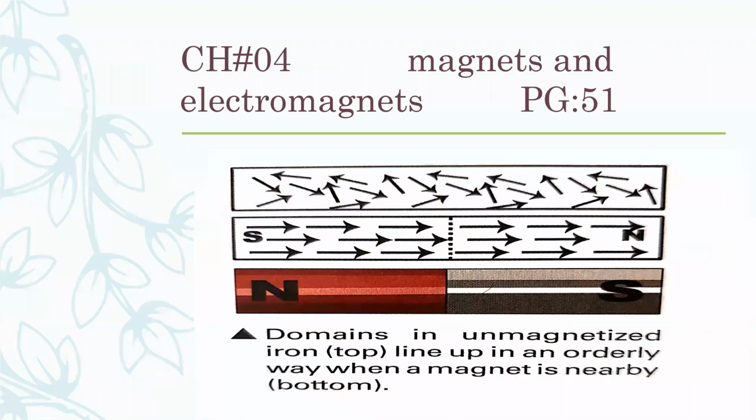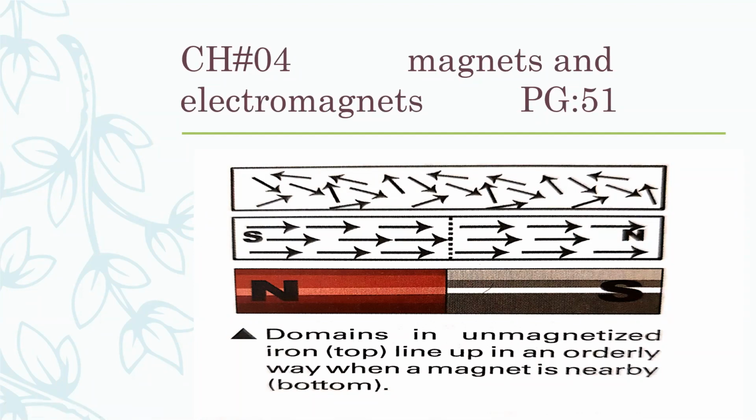Okay, so you can see here this is the iron bar. Before applying the external magnetic field, you can see here that all the atoms are aligned in random directions. Each and every atom has its own direction.